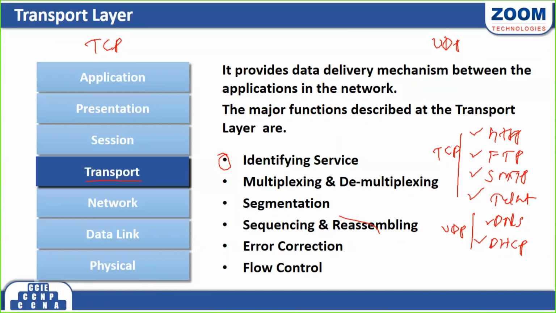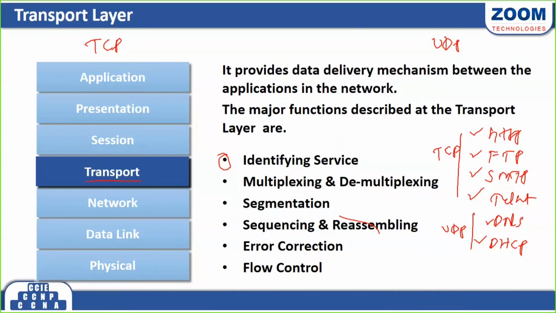Segmentation: dividing a large amount of data into smaller packets. Because a NIC card's maximum is only 1500 bytes. Each data packet's maximum size, which we call MTU, maximum transmission unit, is 1500 bytes. If it is more than 1500 bytes, it should be divided into smaller chunks, smaller packets, which we call segmentation.